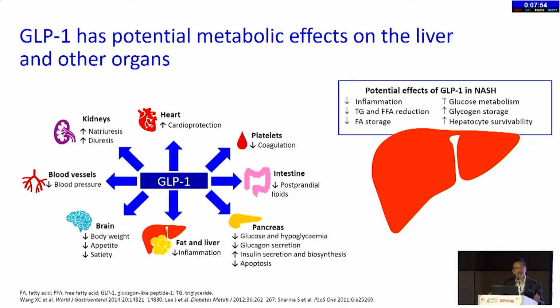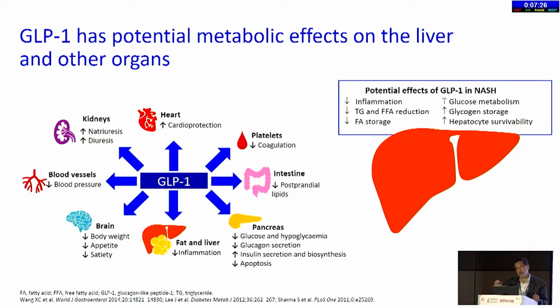Now, GLP-1s have many biological effects, and they have principally a central effect where they affect the satiety center and reduce appetite. In addition to that, it turns out GLP-1s have a myriad of non-CNS effects as well. From the cardiovascular perspective, it has some cardioprotective effects.